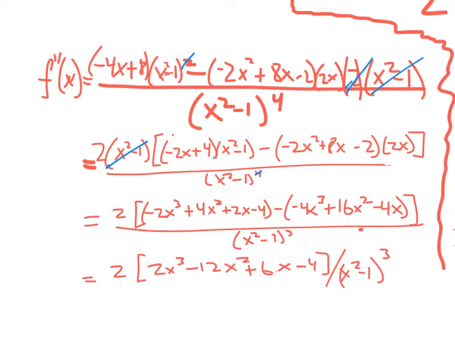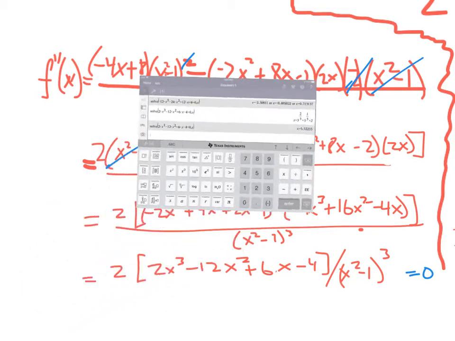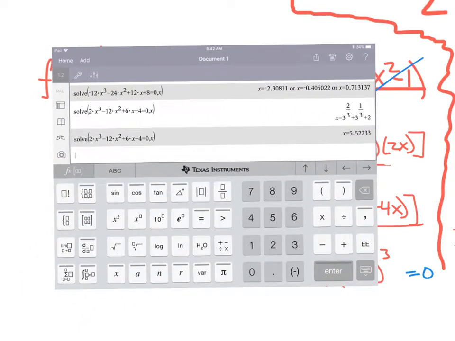Okay, now we want to find our critical values, so let's set that equal to 0. Okay, and so all we care about there is what makes the top 0. Let's go to our calculator. Don't try to mess with that. Go solve that thing in your calculator. So pulling this in from our calculator, we get 5.52.